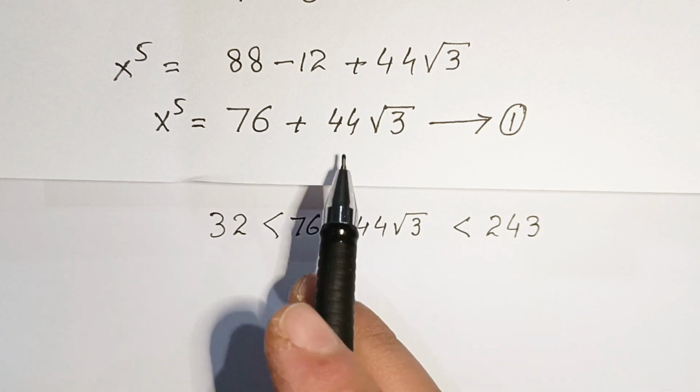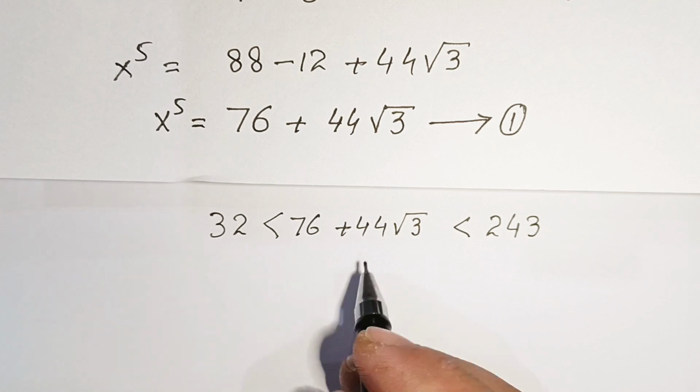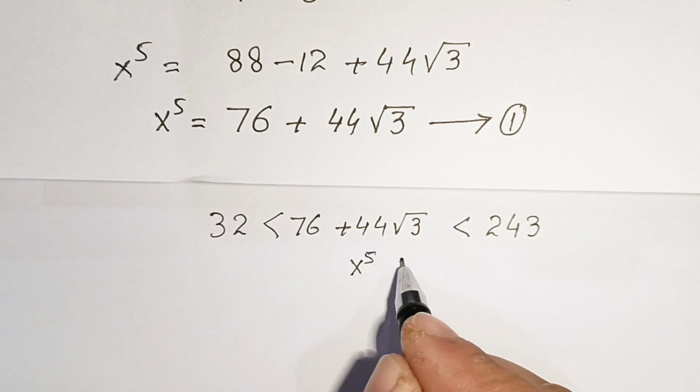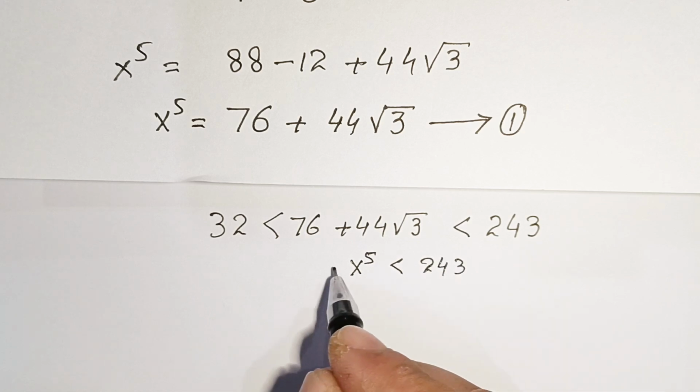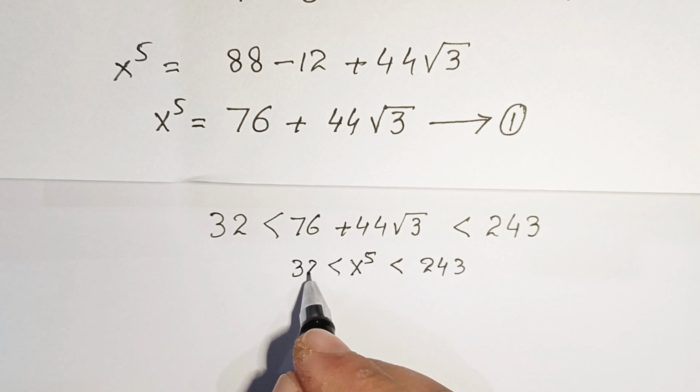So we can say that as it is equal to x to the power 5, hence x to the power 5 is also less than 243 and greater than 32.